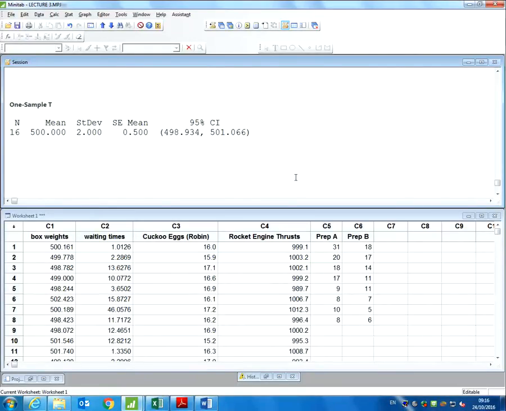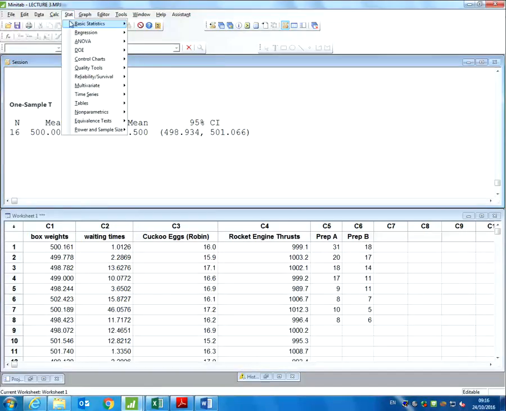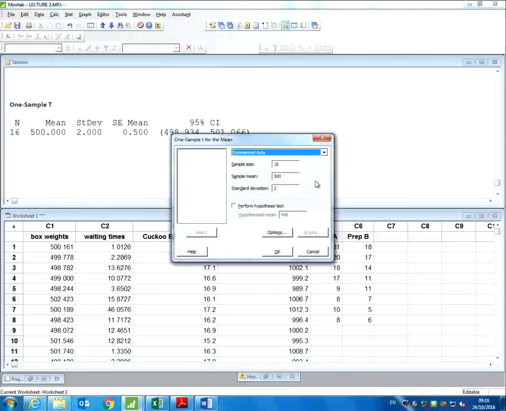That's the interpretation. Now, what I would like you to do is make a prediction. I'm going to change one thing. I'm going to change the standard deviation from 2 grams to 8 grams. I won't click OK yet because I want you to make a prediction.